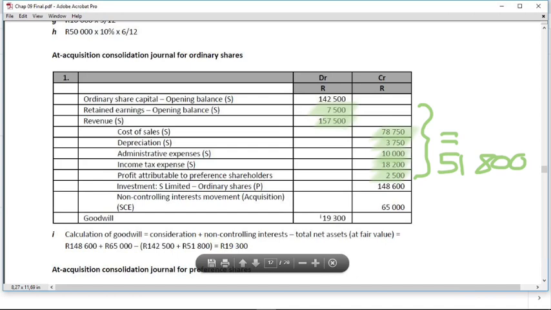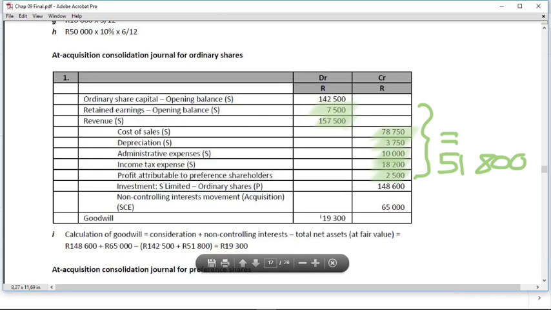So you are still doing what you've been doing up until this point. The only real difference is that there's a portion of profit included in the retained earnings of S that you cannot eliminate against the retained earnings, as you still have to eliminate that against the individual profit and loss items.